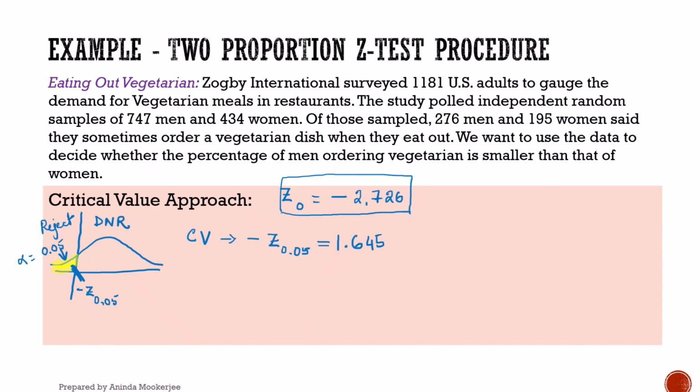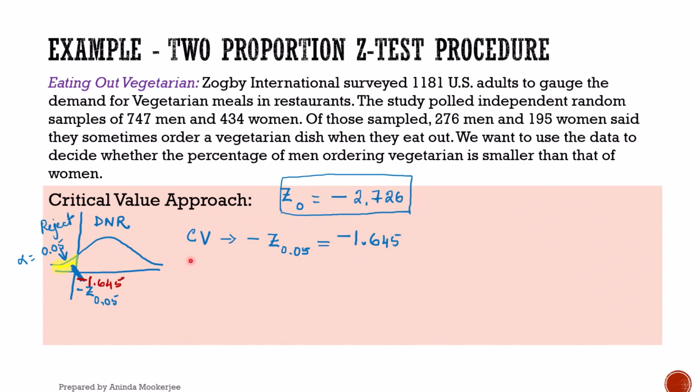So let me put that here. It has to be a negative 1.645, and I'm going to write that here as well, negative 1.645. And now that we have defined our criteria using the normal curve, we showed our reject region, do not reject region, we came up with a cutoff between the reject and do not reject region, which is the critical value.